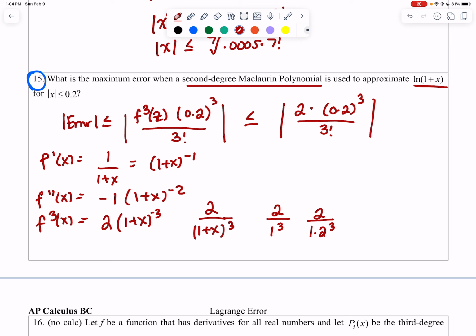Now, you'll realize that this is going to be the same thing as my alternating series error that we'll do in like 2 seconds.